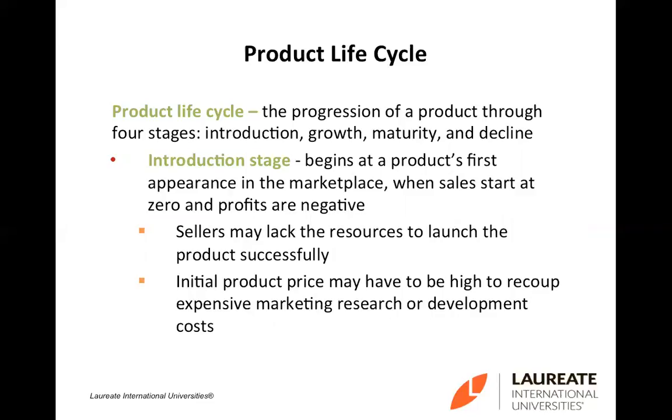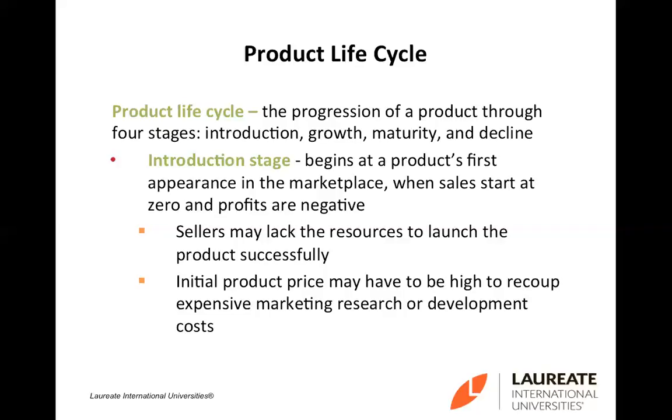Now the important thing about product life cycle is the characteristics. The characteristics of each stage are different. These different characteristics will drive different possible marketing objectives, and eventually different marketing strategies. So in the introduction stage, since the product just goes to the market, the sales is still quite low.